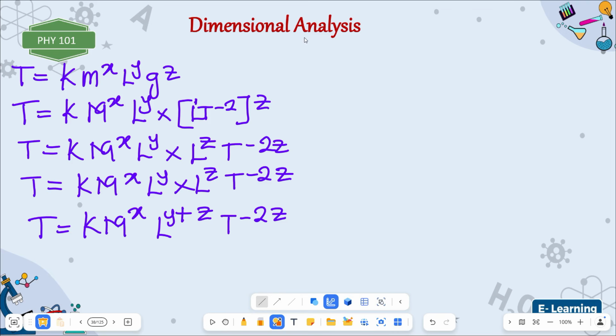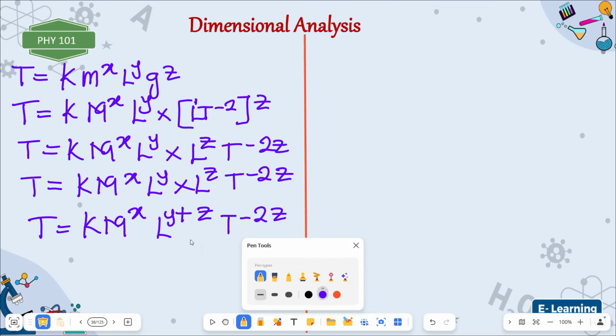Exactly. So finally, this is what we have. We now have one M, one L, one T. But if you look at this part of the equation, we only have T, which is of course raised to the power of 1.